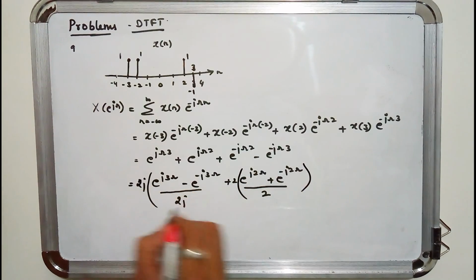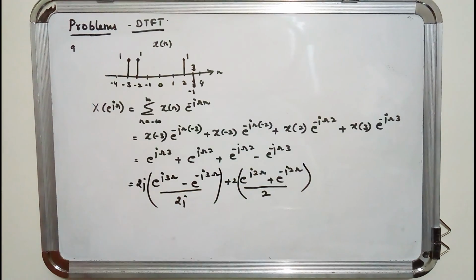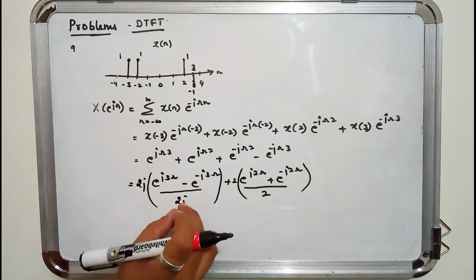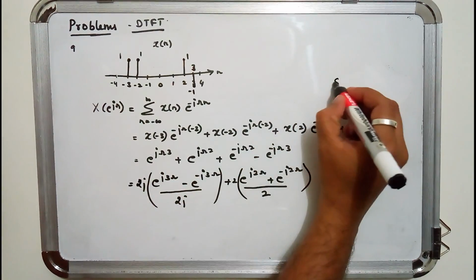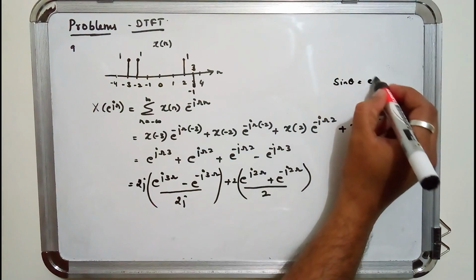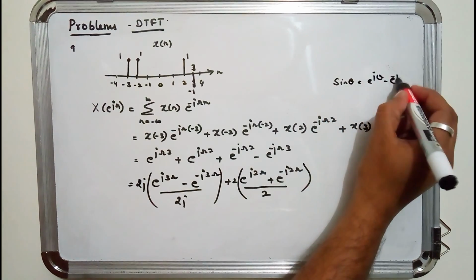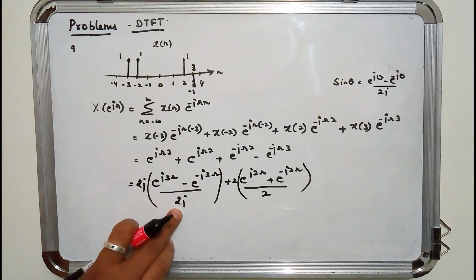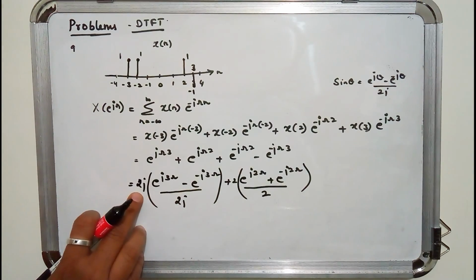Why did I do this? To convert this into a standard form. What is sine theta? It is e power j theta minus e power minus j theta by 2j. That is why I divided by 2j and multiplied by 2j.